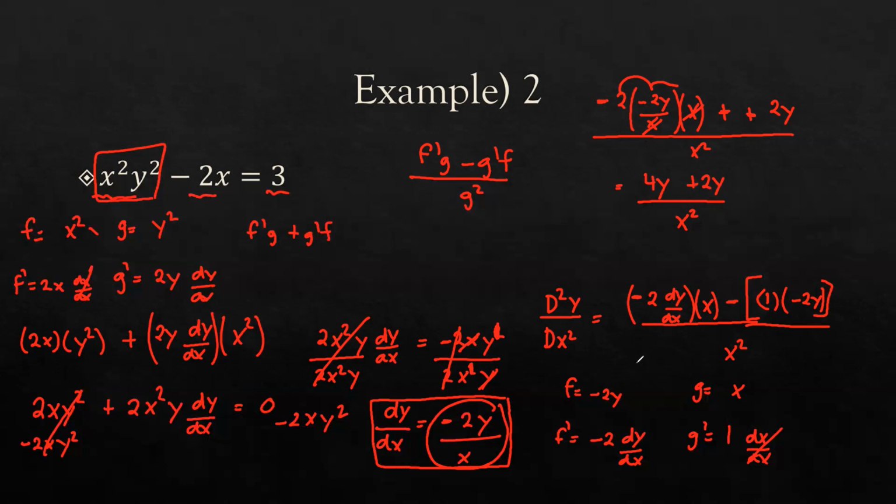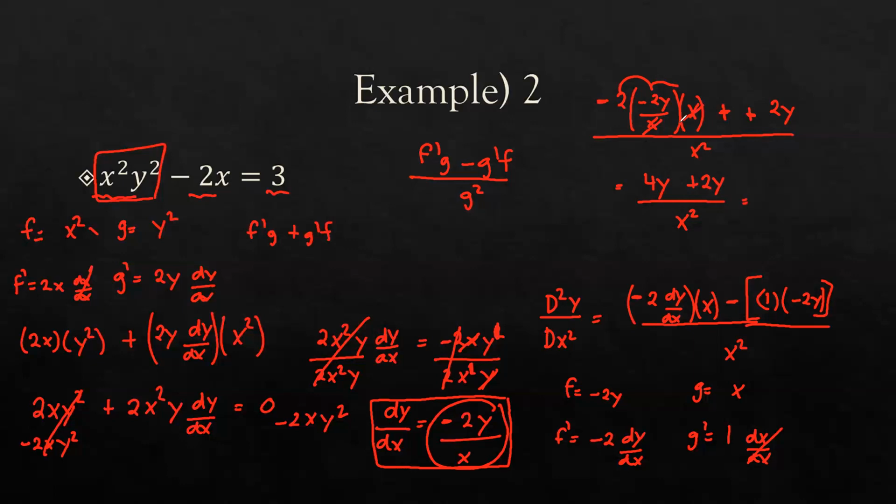So dy/dx is negative 2y over x. Just double checking work. So we get negative 2y, so f is negative 2y, and g is x. Okay, I guess that's our final answer.